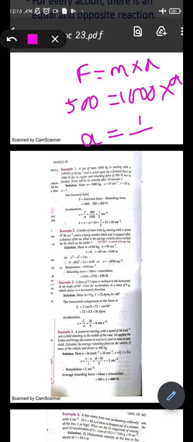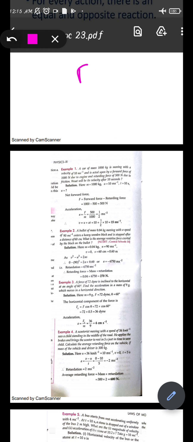We have to find the velocity after 10 seconds. Time is given, t is 10 seconds. So we have to calculate v, and we have the acceleration, which was 0.5 or 1 by 2 meter per second square.